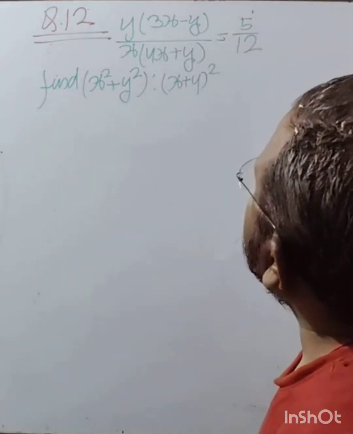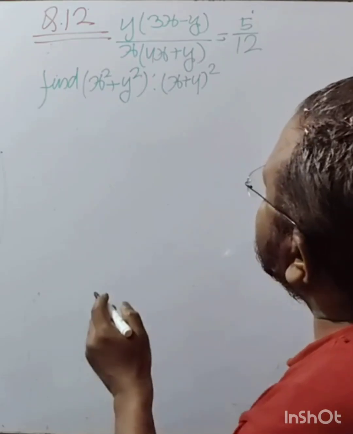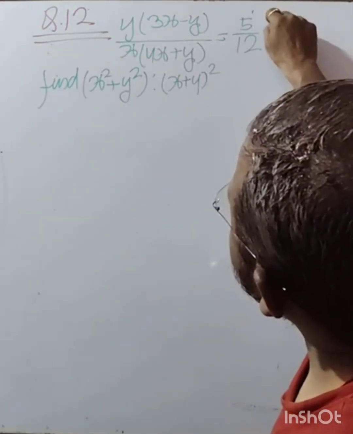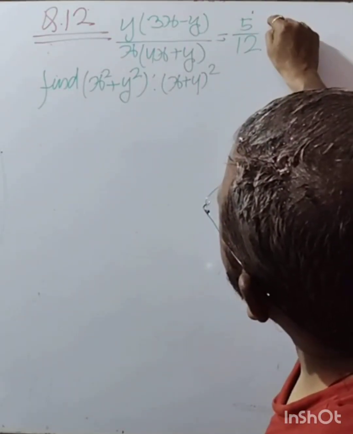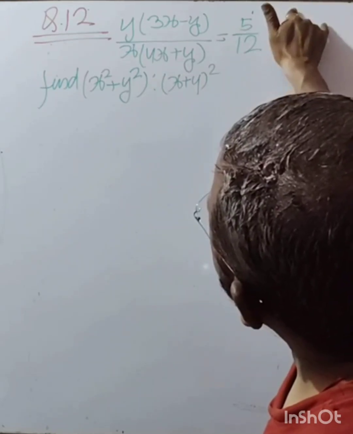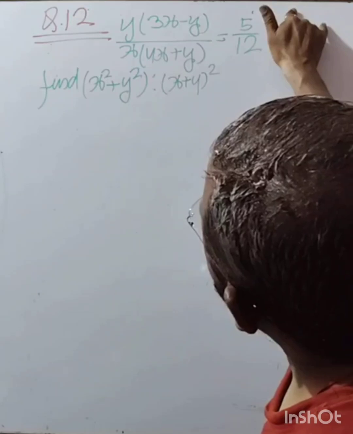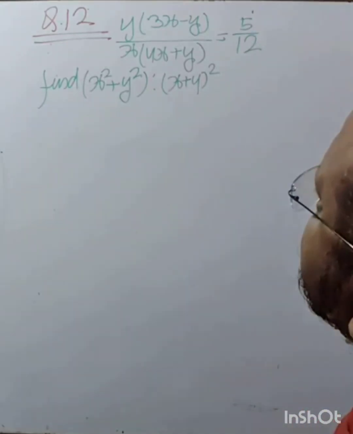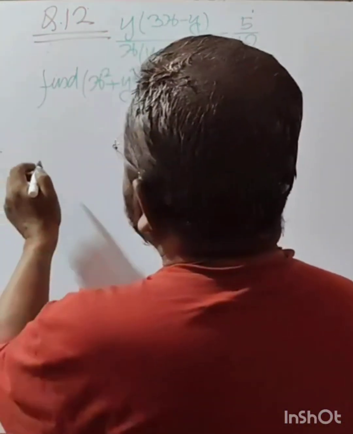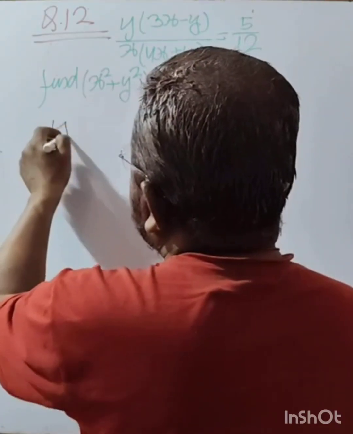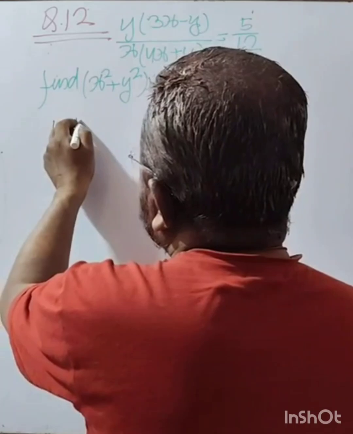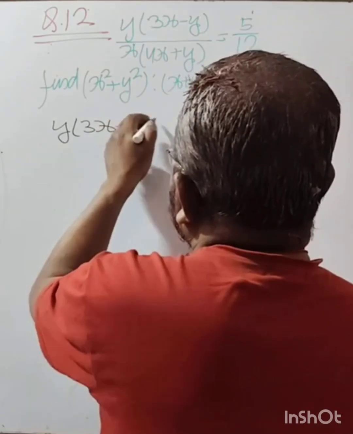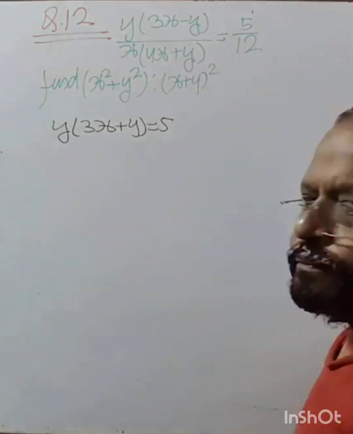So what we will do in this, if I take y bracket 3x plus y is equal to 5, right?